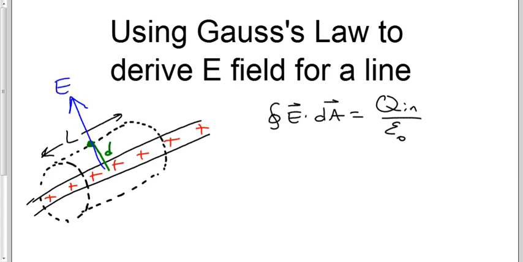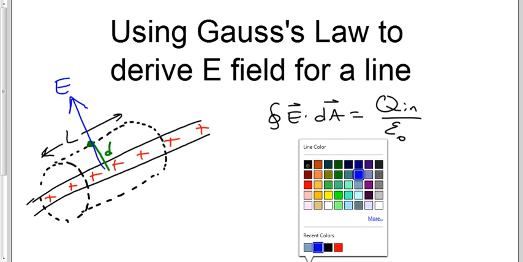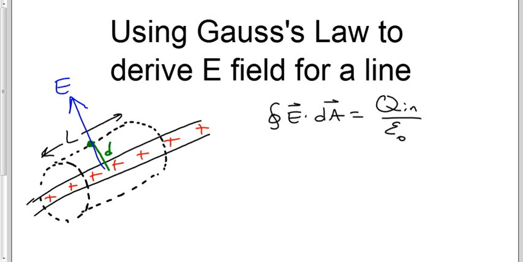The reasoning says, well, the field, when it pierces that Gaussian cylinder, should be the same at any distance away. So no matter where we are on the wall of that cylinder, you've got to have the same measure of the electric field. That means it's not really part of the integral, it's just a number. So we write E, and then you say, okay, how much area is that field piercing through?